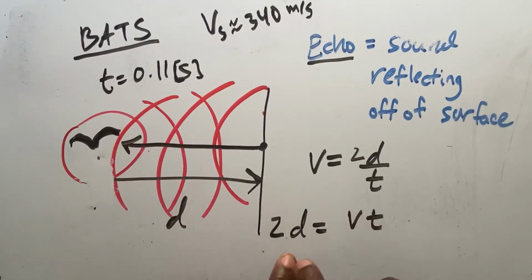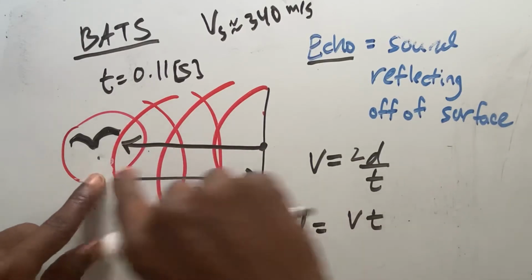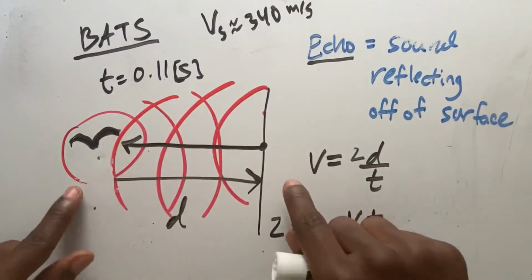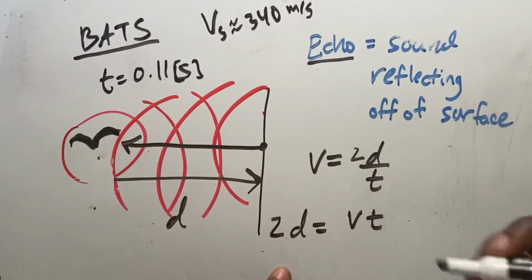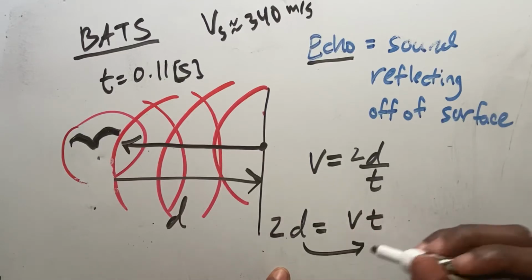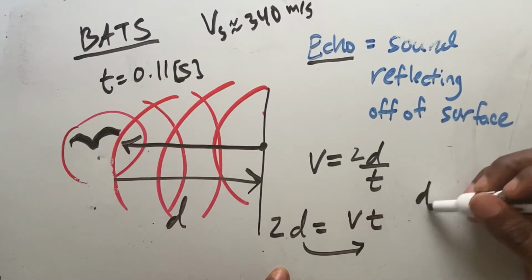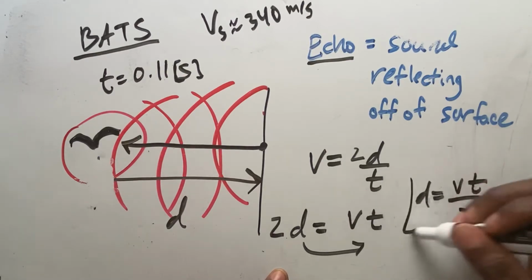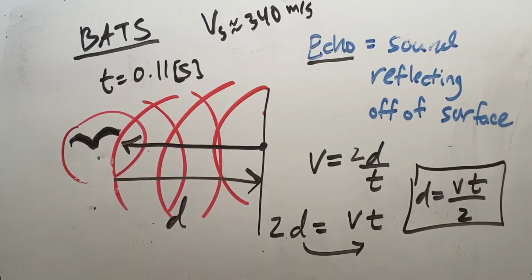Now we're trying to solve just the distance from here to the wall, not the distance there and back. So we just divide by 2. So distance is going to be v times t divided by 2.